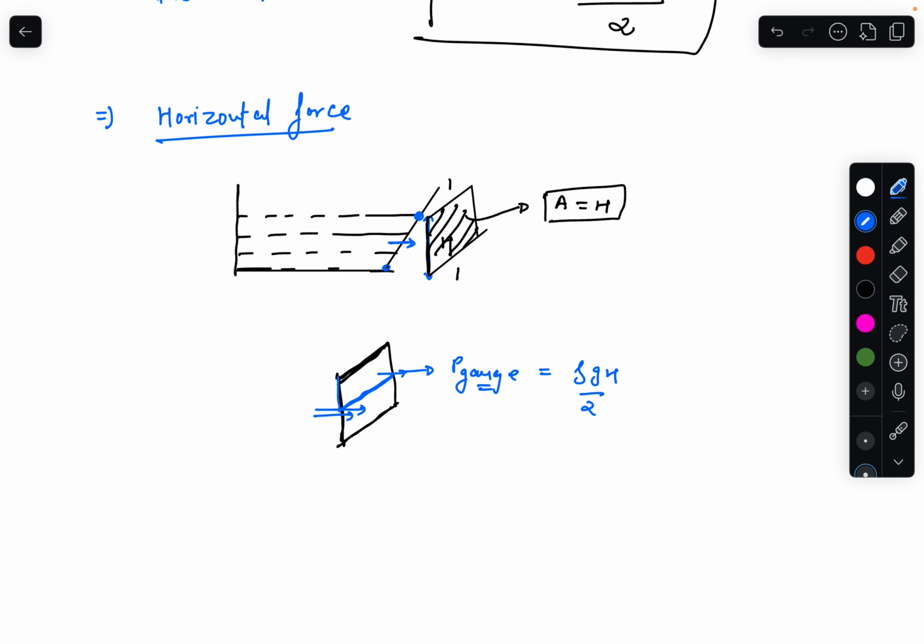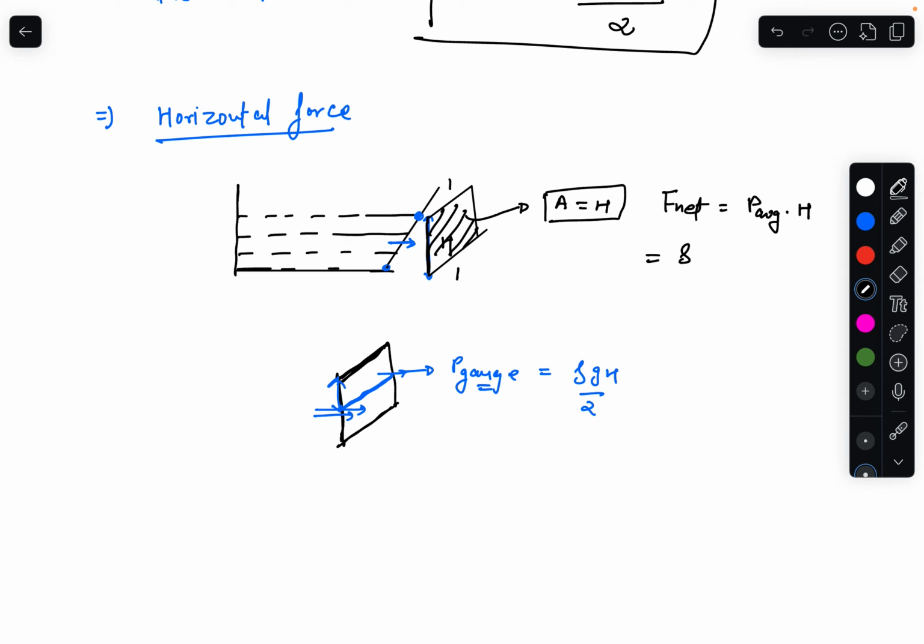This is the excess pressure which is acting, because it is at half of the height, at the midpoint. And then we'll say the net force acting on this is the midpoint pressure, or you can also call it the average pressure, times the surface area, which is just h, because the horizontal side I have taken as 1.